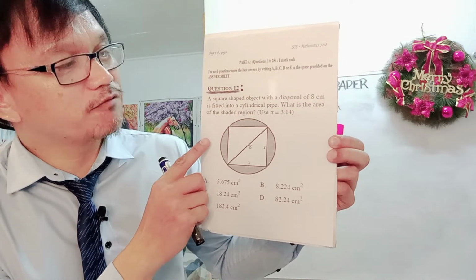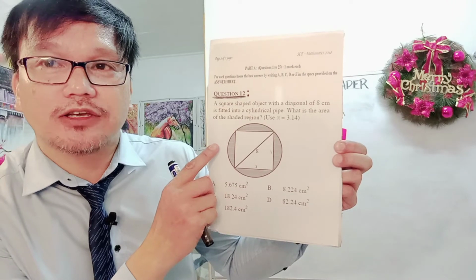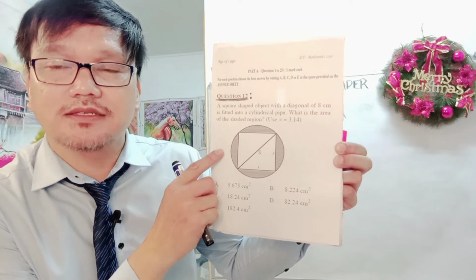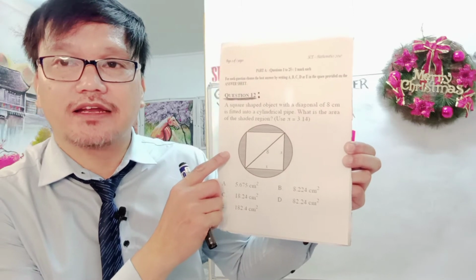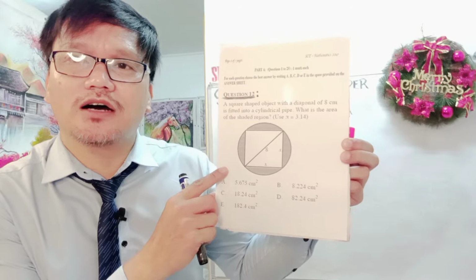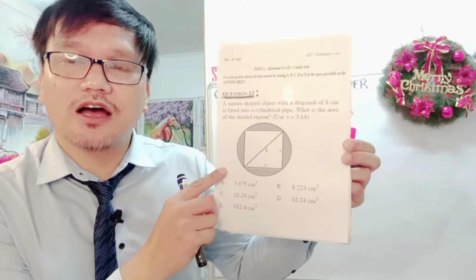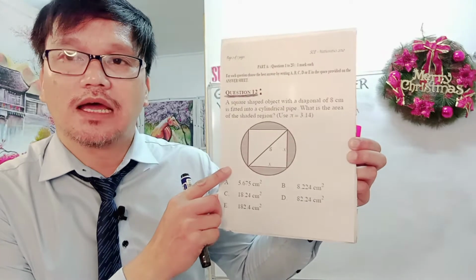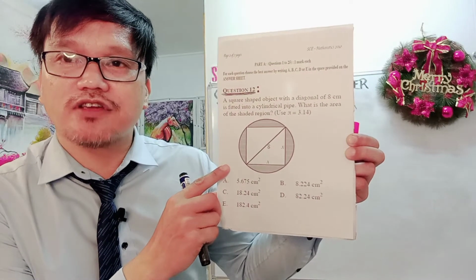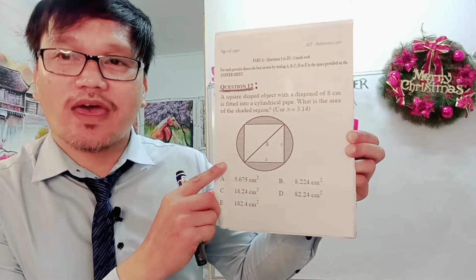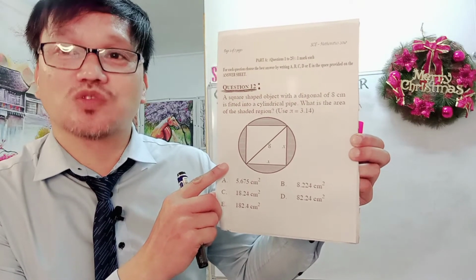You don't have to worry as long as you memorize the formula of finding the area. What is the formula of the area of a circle? Area of a circle equals pi r squared. What is the formula of finding the area of a square? Area of the square is s squared.